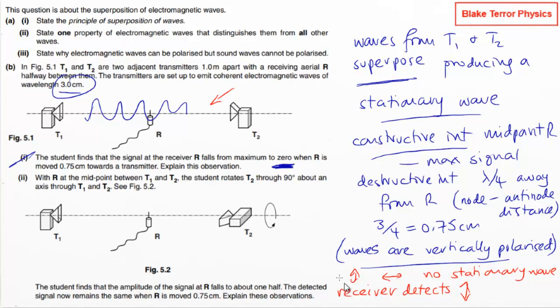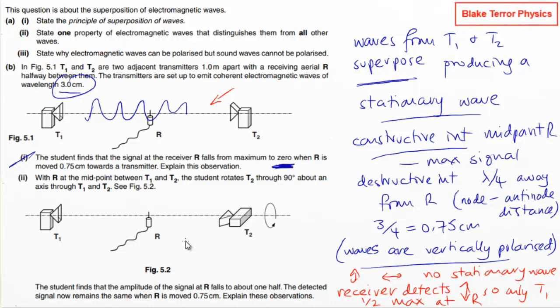That's how it was detecting all of these things. So that is going to only pick up the signal from T1, which means we're going to again get a half a maximum at R, because we've removed all of the T2 signal. It's not getting picked up by the receiver at all. So that's why we're getting a half there.